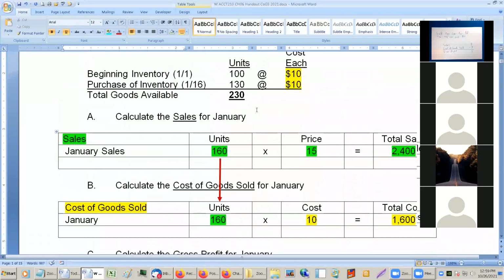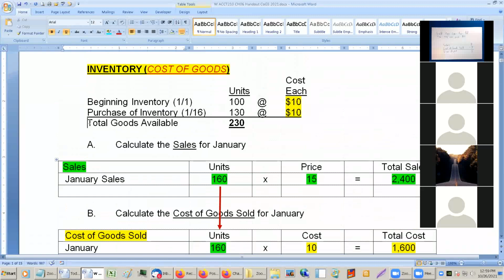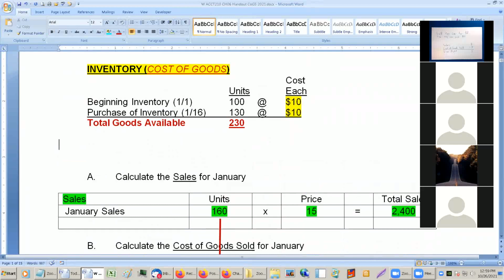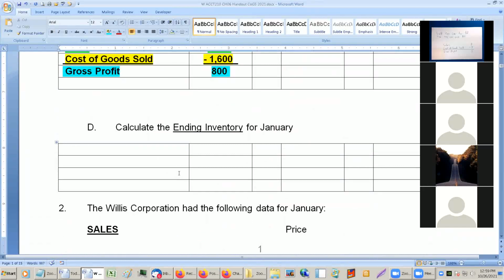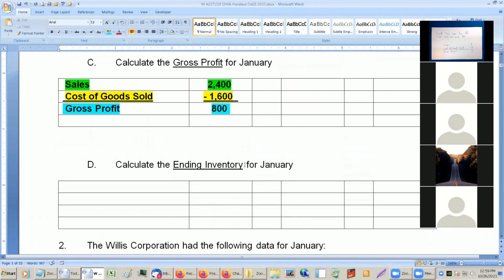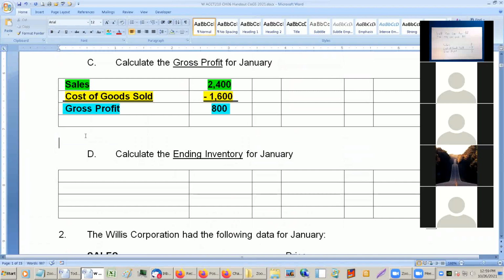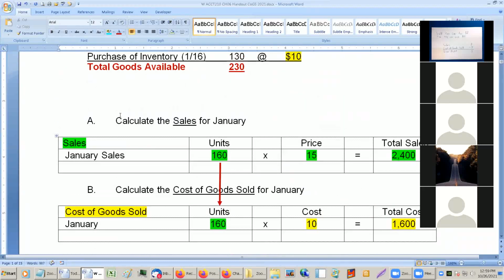No. Okay. So coming up here, these total goods that are available. The question is, well, what's in our ending inventory? What is left over? Well, we have to look at basically the goods that were not sold.